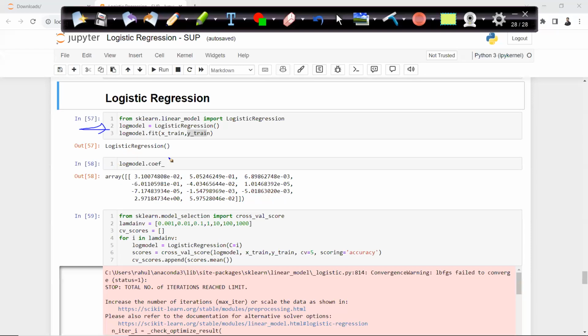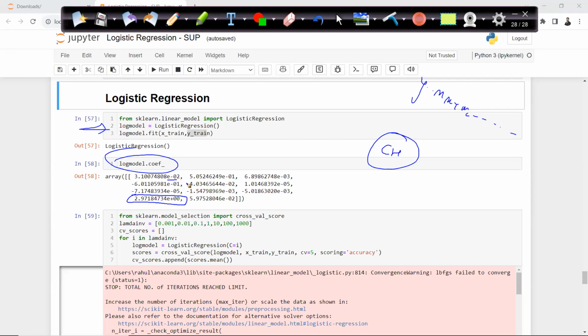Once that is done, I am calling the coefficient. Now, if you see here, this is the second last feature, that is nothing but your credit history. You can see all the features are very small. These are nothing but the coefficients: Y is equal to m1x1 plus m2x2 and so on. These are the m's, the w's as per the equation.